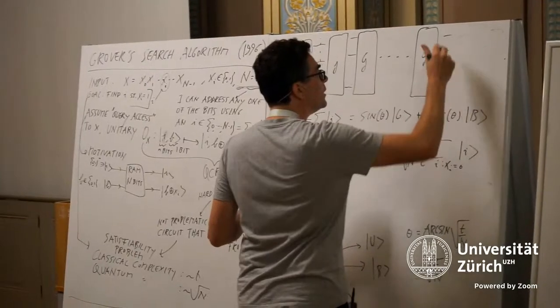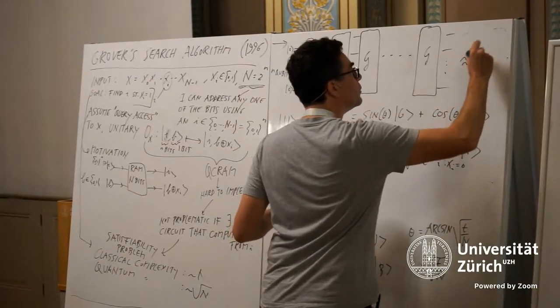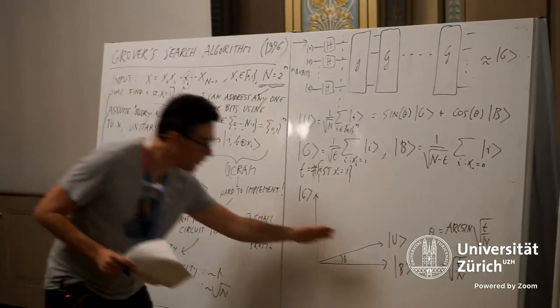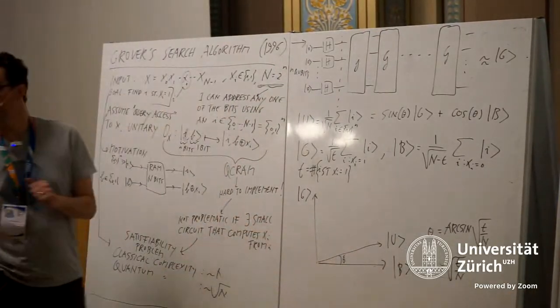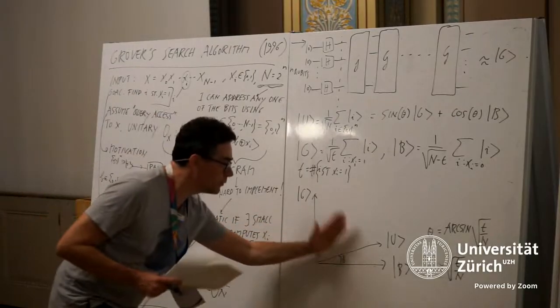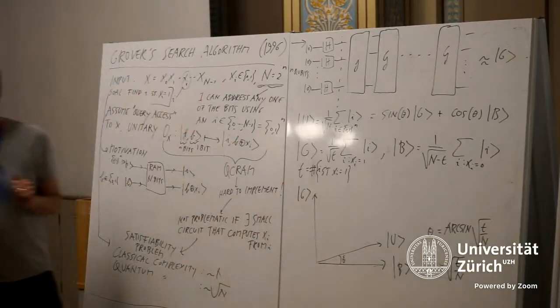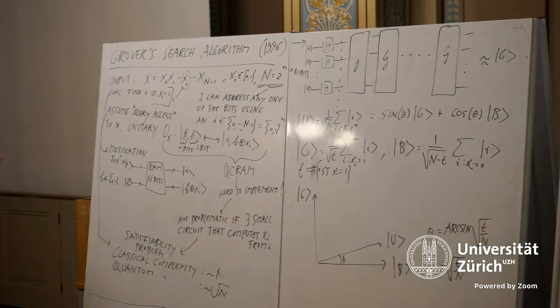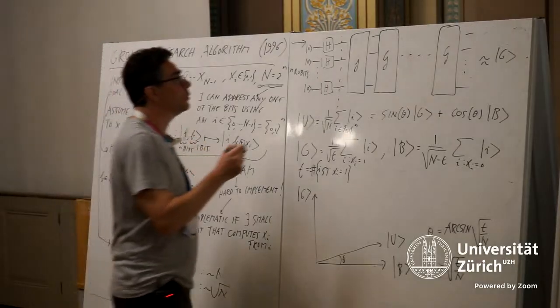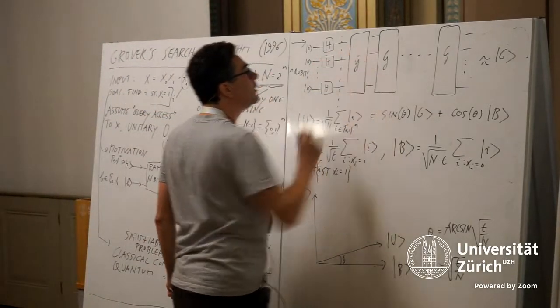Hopefully this state should be roughly the good state. The idea of one Grover iteration is that it will slightly increase this angle theta. Then you do another Grover iteration, increasing the angle more and more, until the angle at some point is close to 90 degrees, pi over 2, and then you're in good shape. It means you've produced some state that's close to the good state. And how does this magical Grover iteration work? Let me try to explain that.